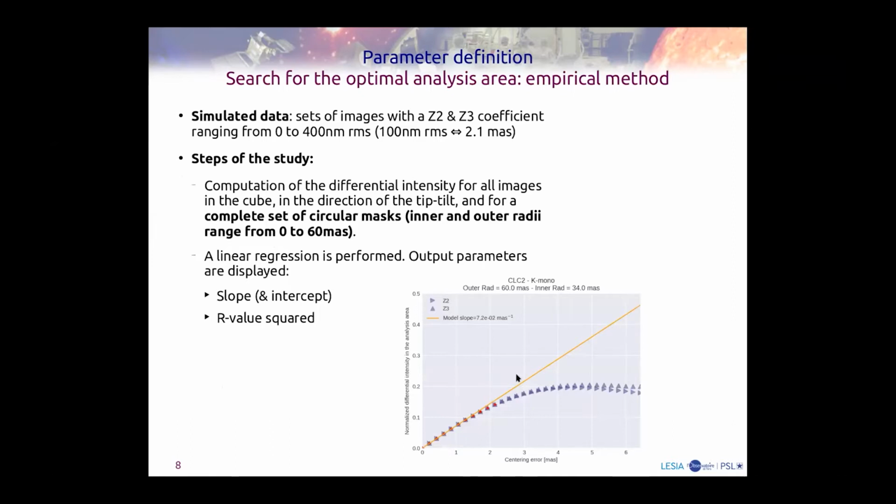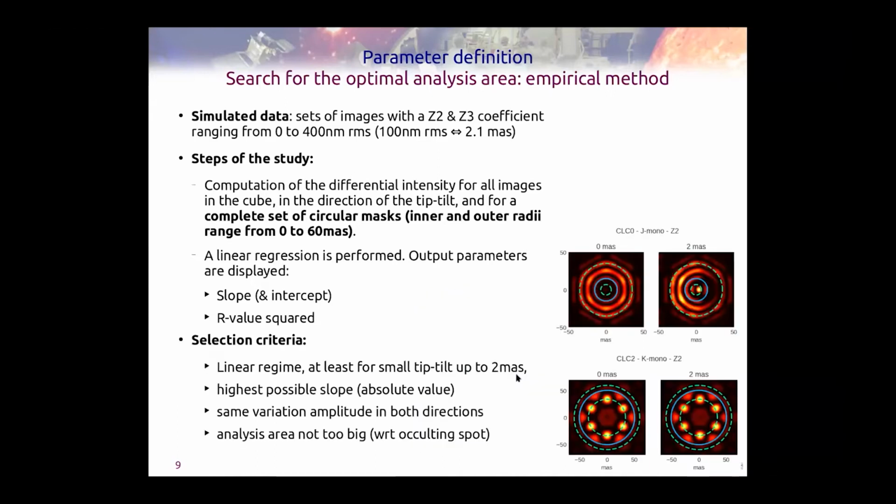And I just fitted a linear model on this data, and based on some criteria, I chose the best annulus for each configuration of coronagraph and spectral band. So I wanted, for example, the highest slope possible to ensure highest sensitivity. I wanted the same behavior in both directions, which is not always the case because of the diffraction by the spiders.